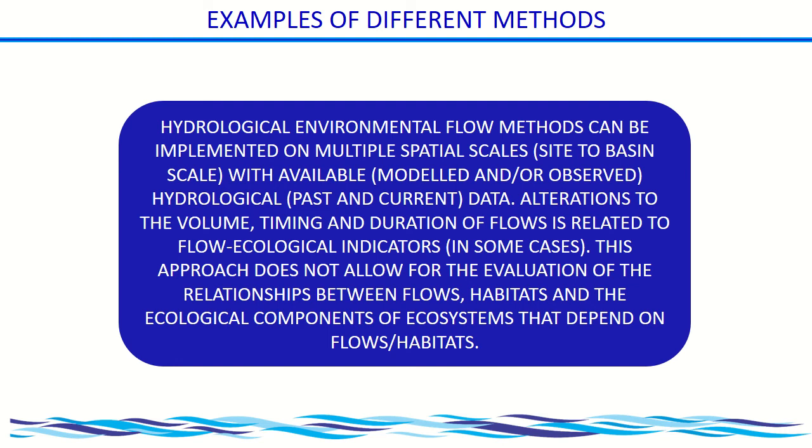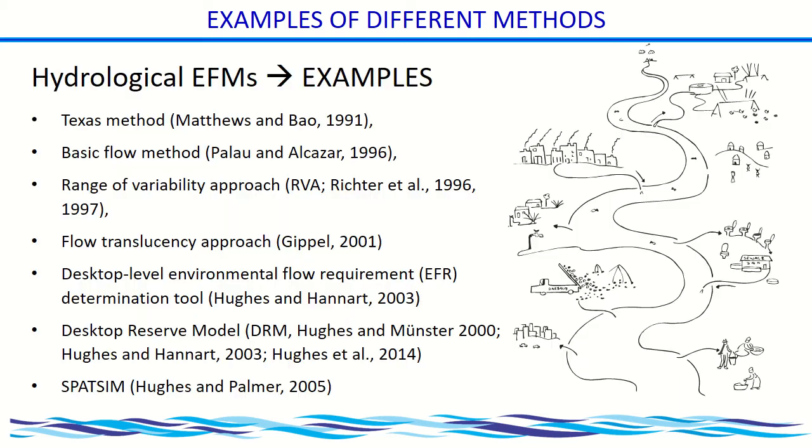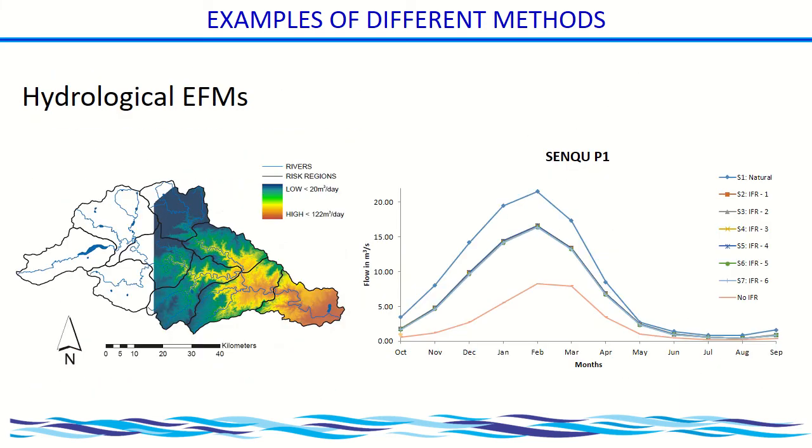Sometimes they say, again, consider that we're not looking at habitats and specifics, but sometimes we know that if you're going to change the flows in a system, the timing of flows and the way it's going to be changed is going to affect the ability of some species to migrate.